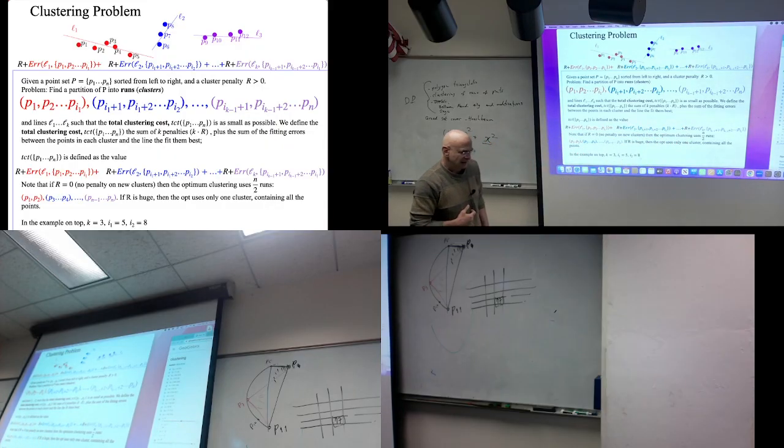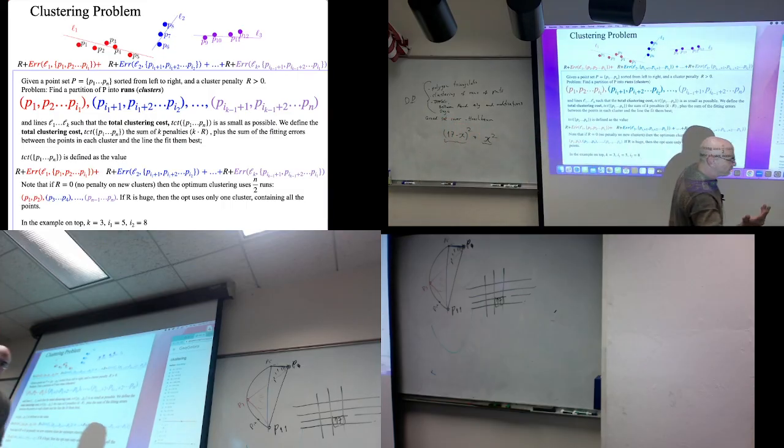But at the same time, I can find fantastic clusters: take the first 2 points and approximate them by a line, take the next 2 points, approximate them by a line. Every 2 points is a cluster. No error at all, but a lot of clusters. Or I can decide, insist on one cluster and live with the results.